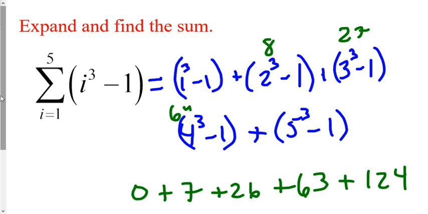And then we just add these all together. If I add 7 and 63, that's 70. And 26 and 124 gives me 150. And that is a total of 220. All right, so that is how you expand and find the sum.